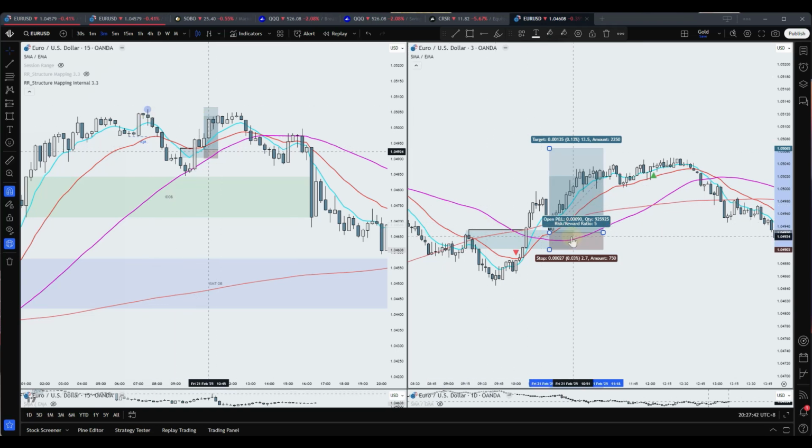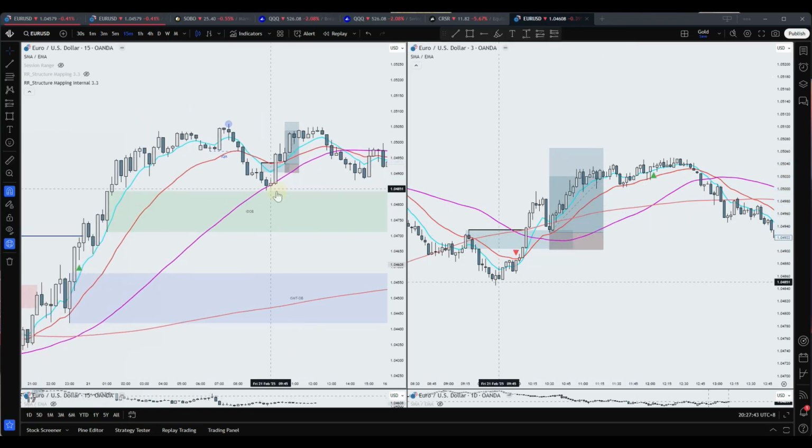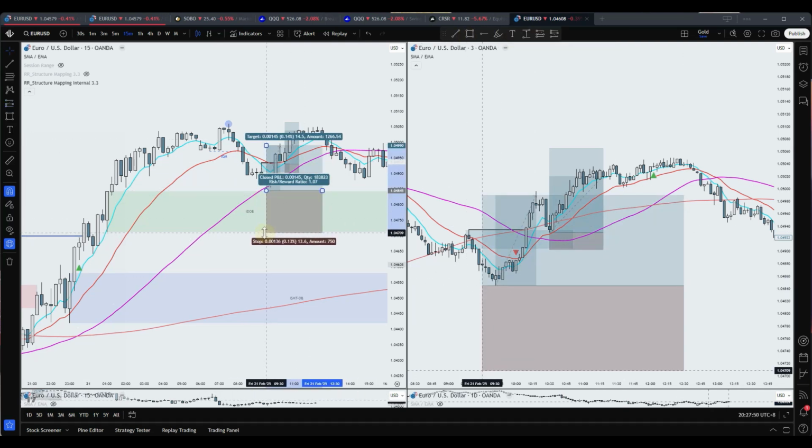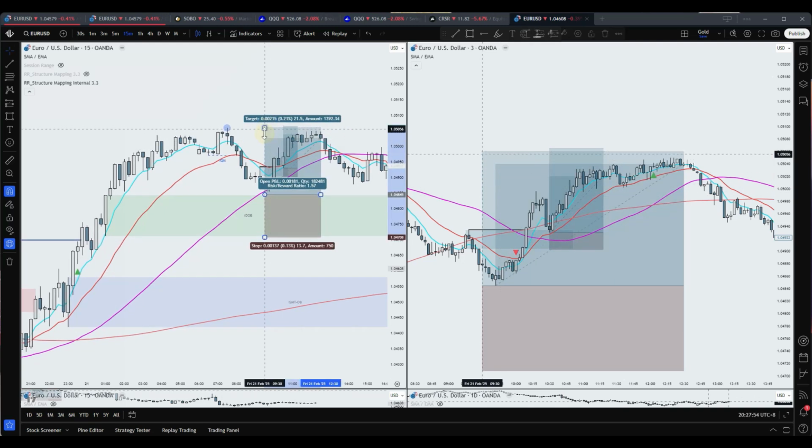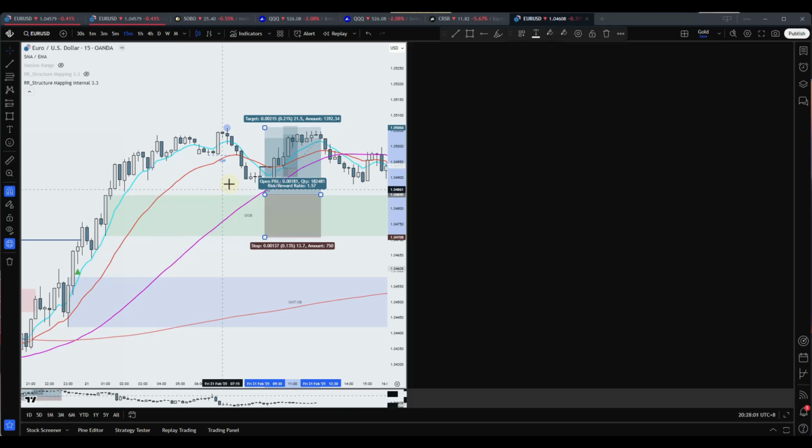Does it make more sense to you, or does it make more sense if you buy directly from here and your stop loss is here? Which makes more sense to you? So you ask this question of yourself first.